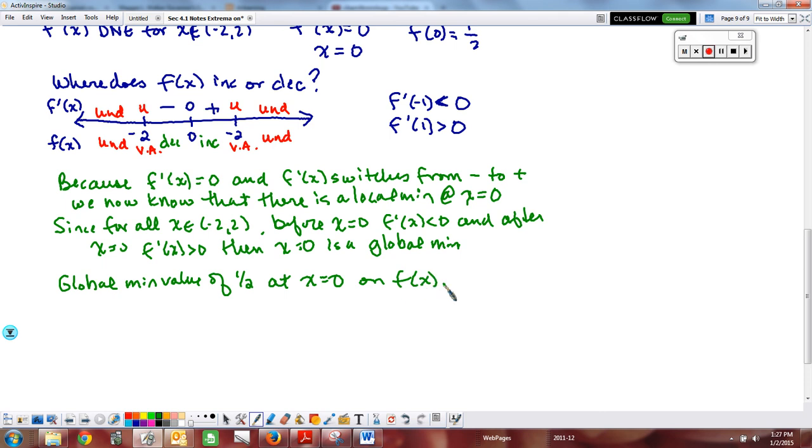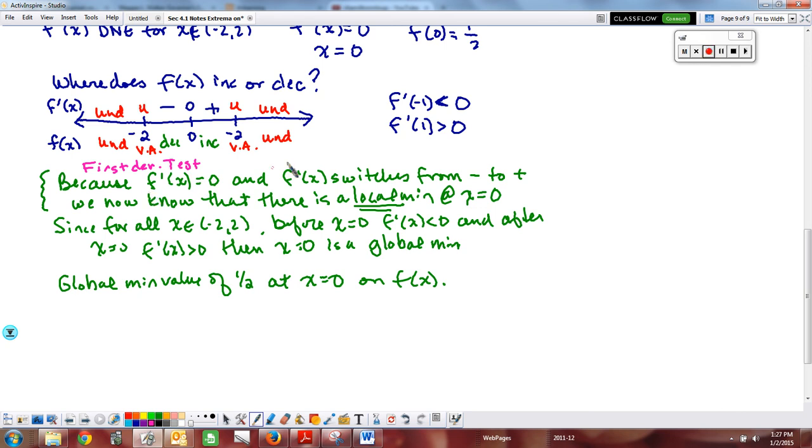Now, this gives us a lot of information, kind of a preview of coming attractions. This part right here is what we call the first derivative test. The first derivative, when you do a sign chart, tests to determine where a function is increasing and decreasing, and the first derivative test is going to tell us where we have local extrema. There are two key parts to this first derivative test.